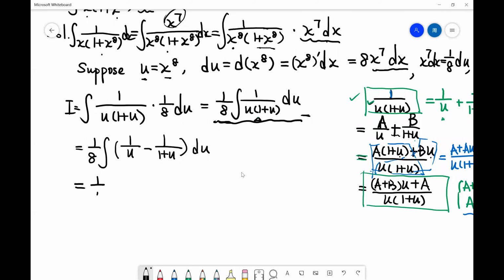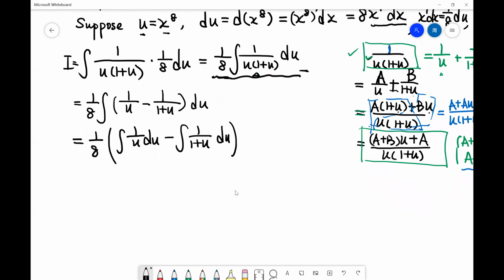So that is 1 by 8 times the first, 1 by u du, right? And second, 1 by 1 plus u du, right? And here we can calculate one by one. The first, I will give it a mark, that is 1. 1 equals ln absolute value of u, plus c, right? Because we have a formula, we can solve it directly.